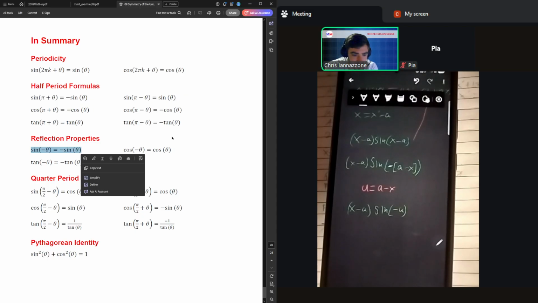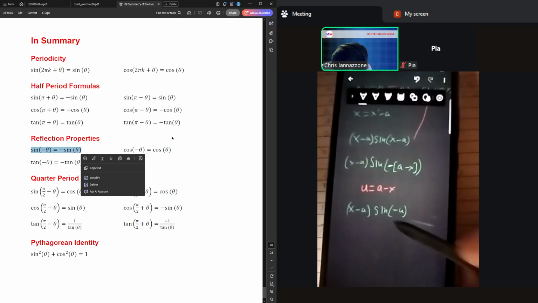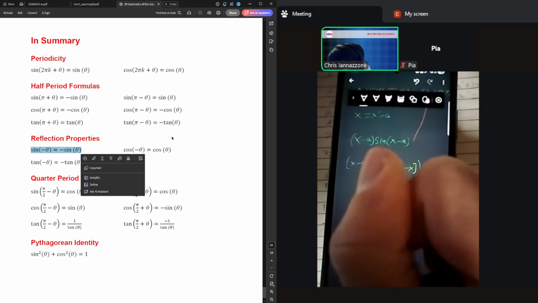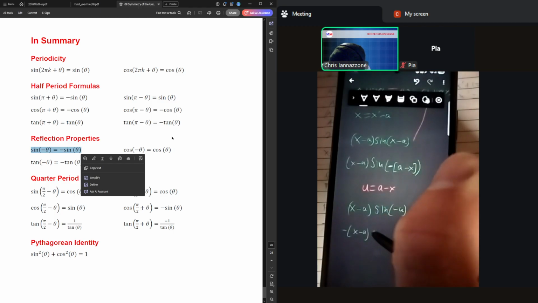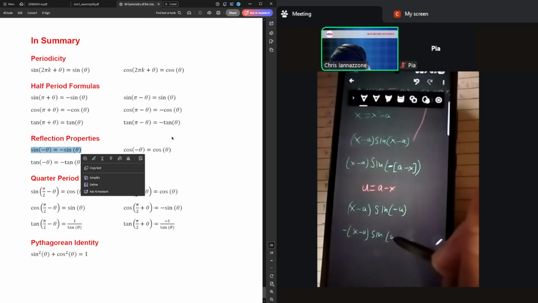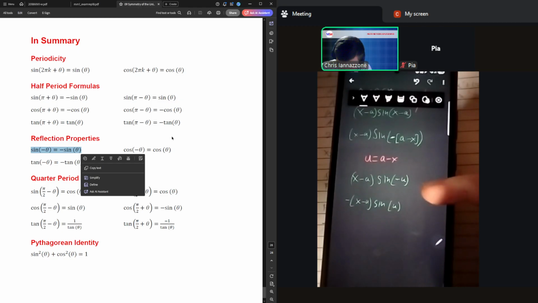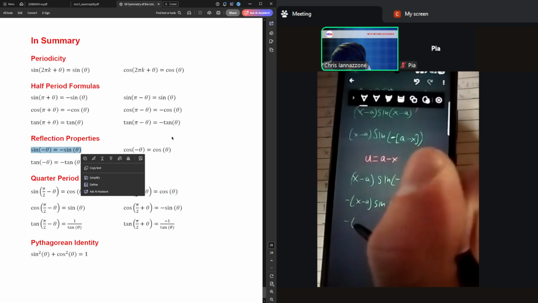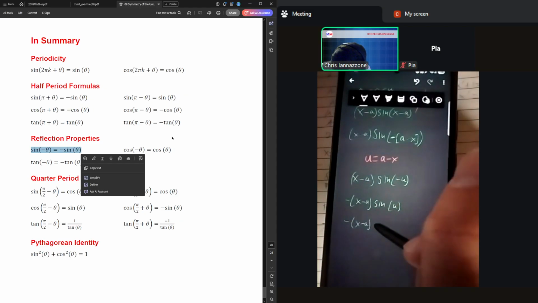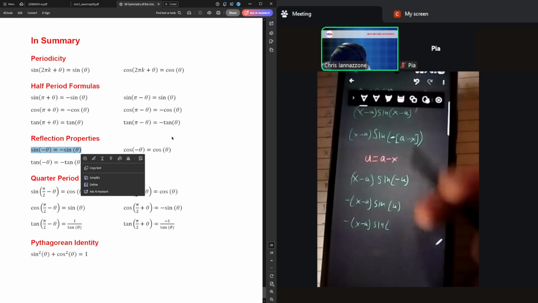And so fundamentally it just means we can go, oh, cool. This negative can now come at the front, negative bracket x minus a, and this sign can go right back to being positive in the bracket. U is still a minus x. So we do that.